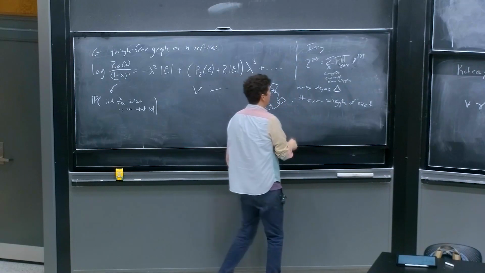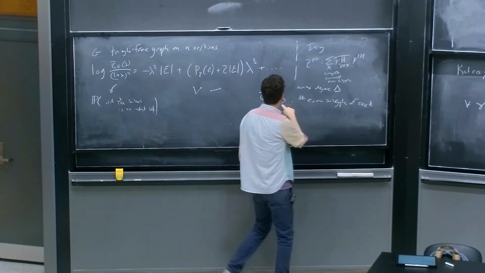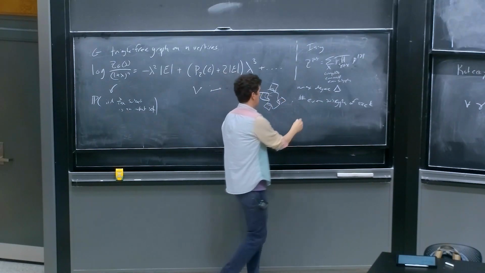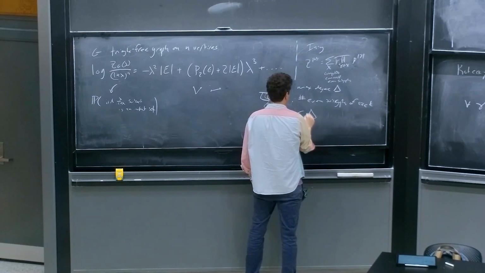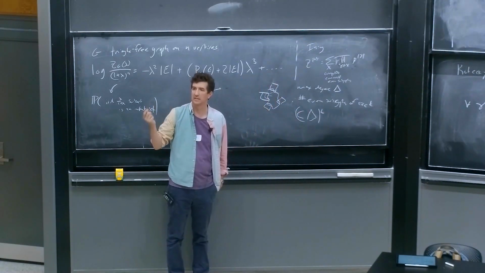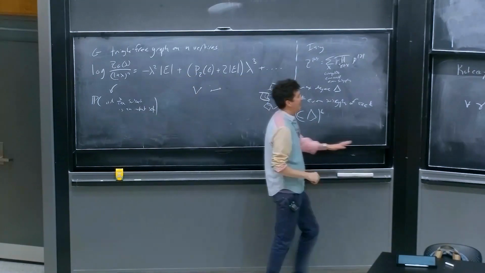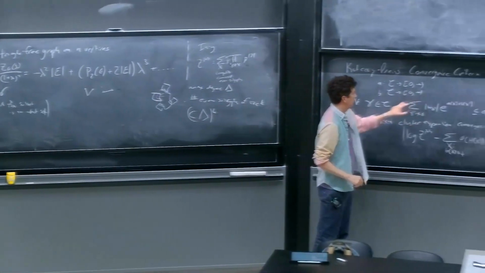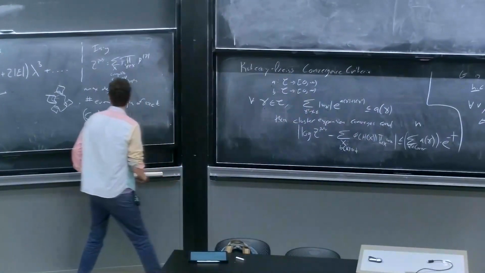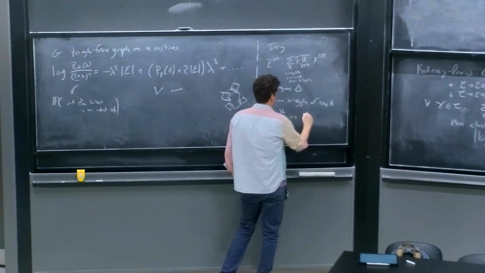So the number of connected even subgraphs that touch a single vertex, so rooted, is something like c delta to the k. It grows exponentially like delta to the k. Take that as a given. That sort of is what you're fighting against here. That's how many things you're summing over. But the weight function is like beta to the k.